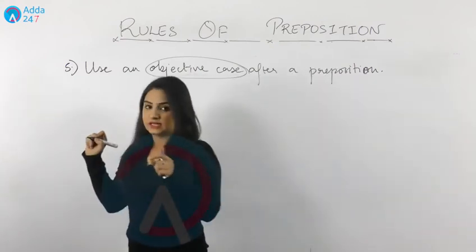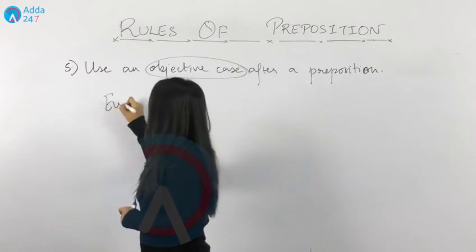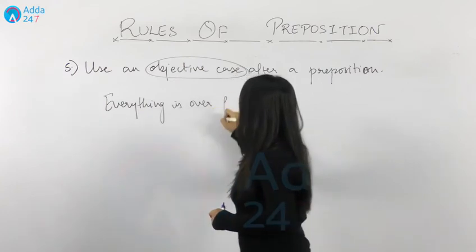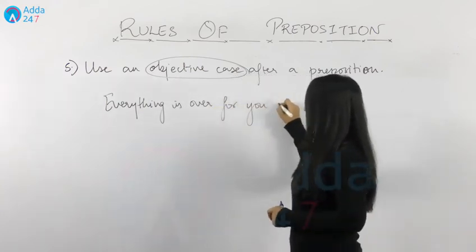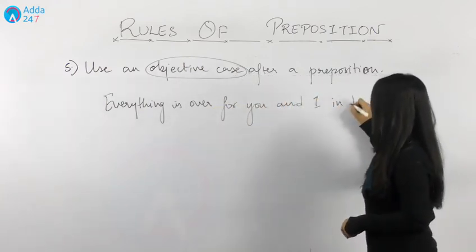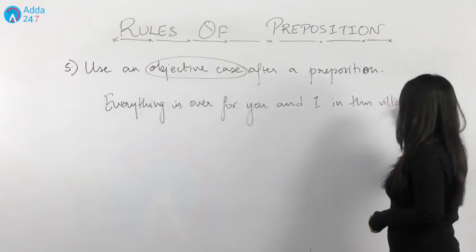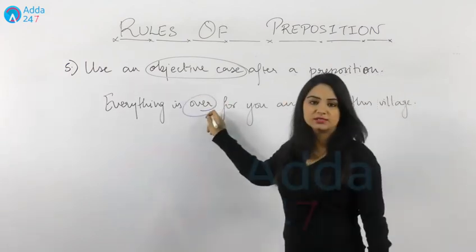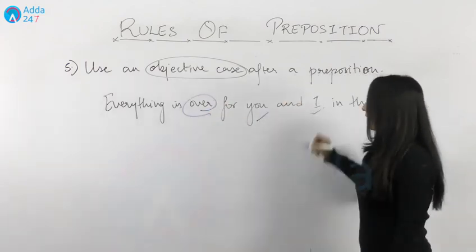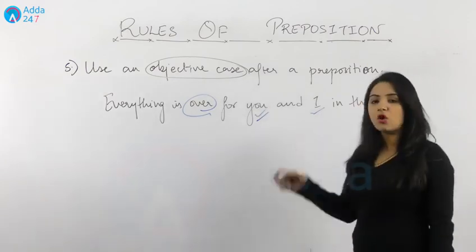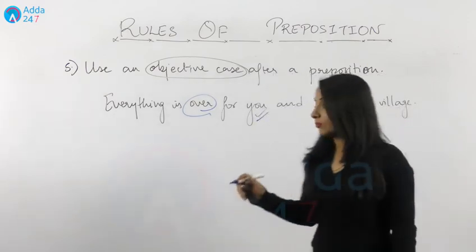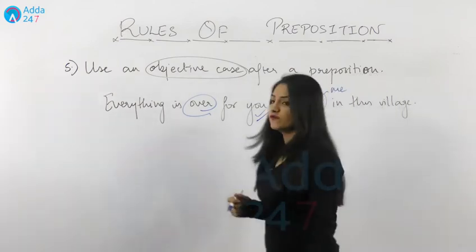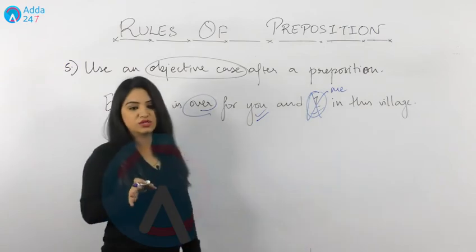Now, if I write a sentence like, everything is over for you and I in this village. Will this sentence be correct? Now here you have a preposition, for, isn't it? And you have placed you and I. So your you is correct. Why? Because the objective case of you remains you only. But I will be incorrect. What will be placed? Me. Everything is over for you and me in this village.